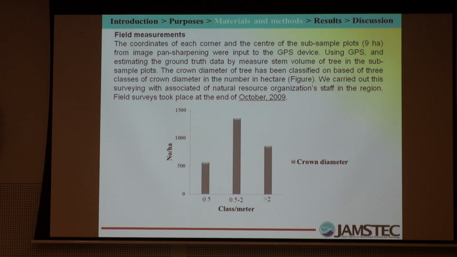We measure the stem volume of each tree in the subsample. Also, we categorize the ground diameter of the species from 0.5 meter up to 2 meters on the ground. We took this field survey with the help of Natural Resource Organization staff in the region. We collected this data in October 2009.